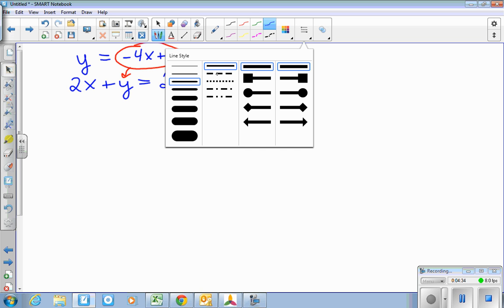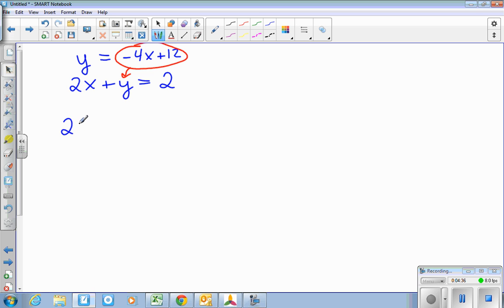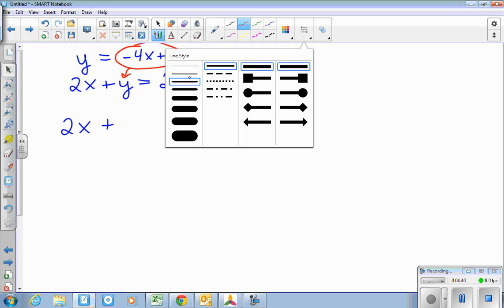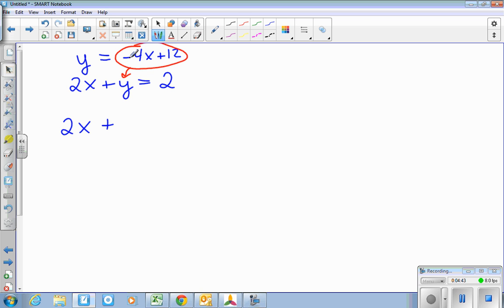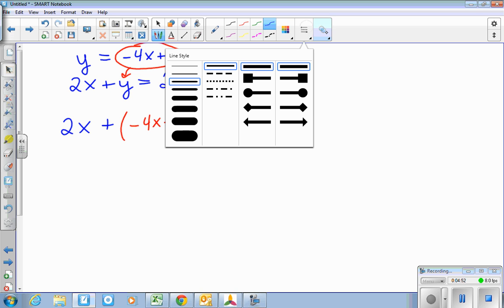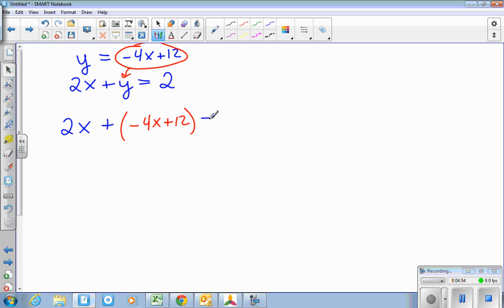So that will give you 2x plus, but instead of writing y, I'm going to write what it's equal to, and y is equal to -4x plus 12. Notice how that's going in for y. And then I have to finish the rest of the equation out, equals 2.